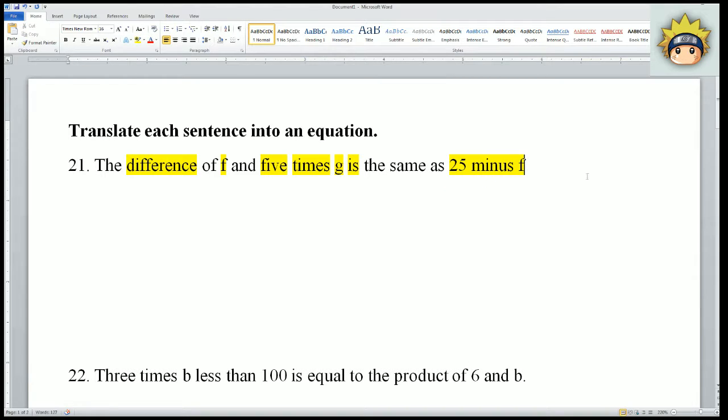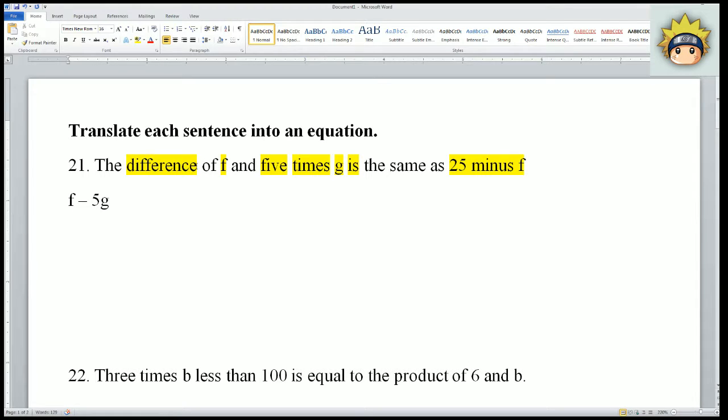Okay, right? So let's go here. I can make this blue for you. The difference of f and 5 times g. So f, the difference of 5 times g.